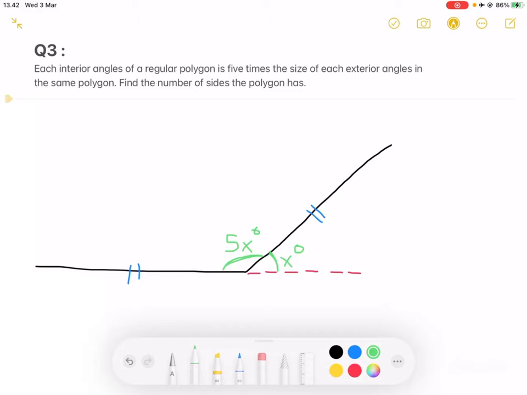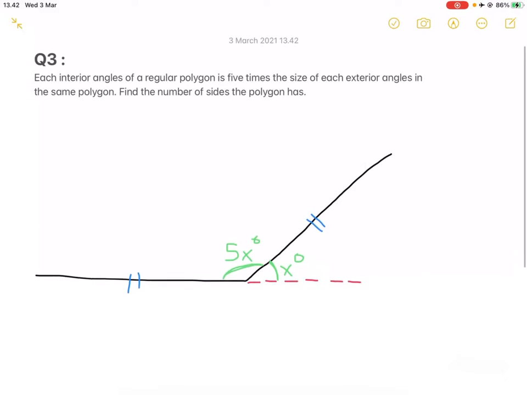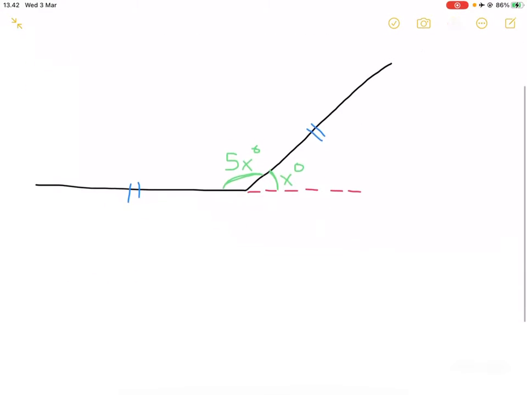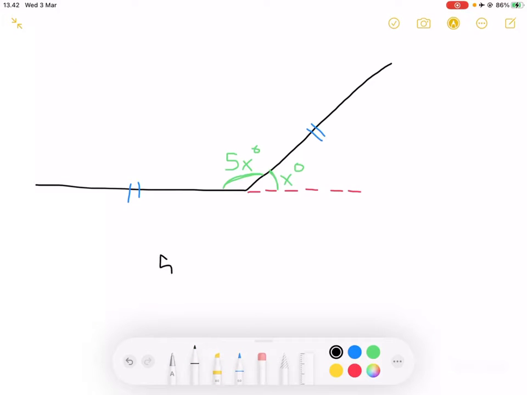And then if you come back to the original question, we didn't write incorrect information from this, and since the interior angle is supplementary with the exterior angle, we can just form another equation in terms of x, which is 5x + x = 180.